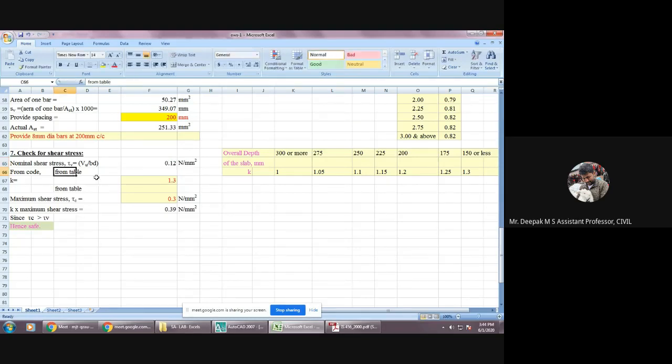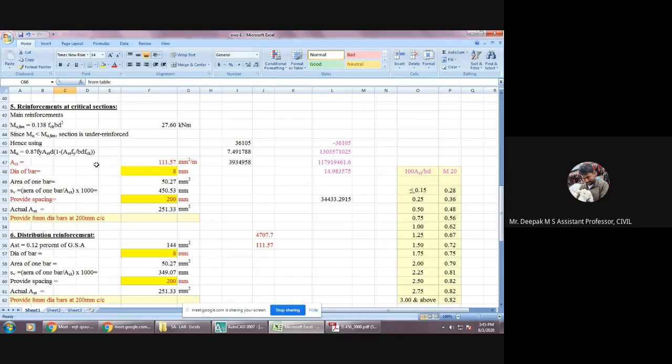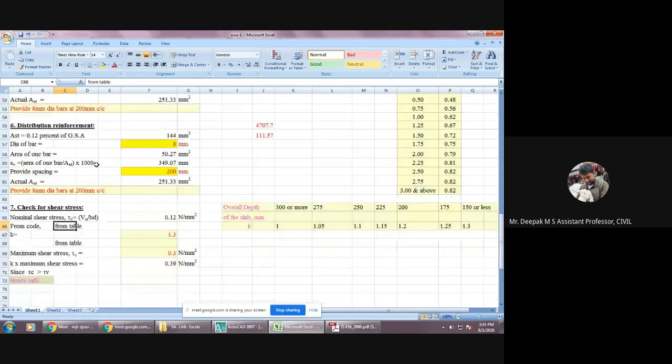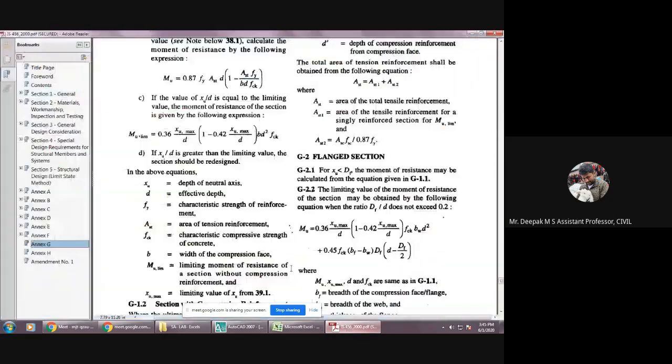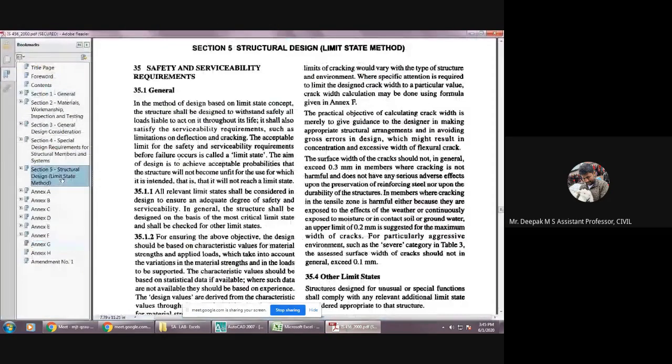So from the code book, when tau v is equal to so much, what should be the k value for the overall depth is given. So we can take that k value, and tau c can be calculated with table 19 in the code book. This is table 19 in the code book. I can show you here the code book.